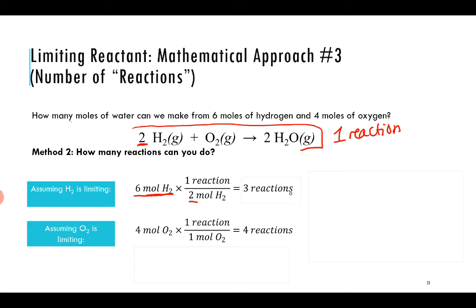And so that tells us that we could do 3 reactions to use up all of our H2. On the other hand, we have enough O2 to do 4 reactions. We can't do the 4th reaction because we will run out of hydrogen after only 3 reactions.